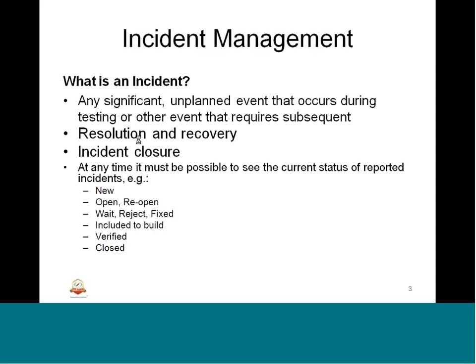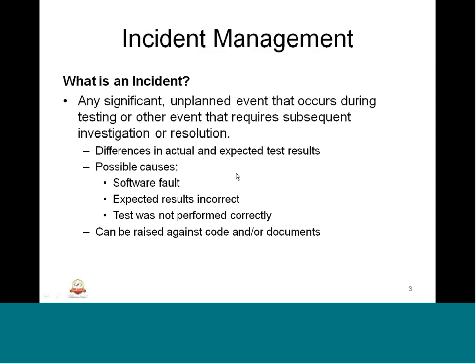Something like differences in actual and expected test result is nothing but an incident. That means it is a failure. Possible causes: software fault, expected results incorrect, test was not performed correctly. So the most dangerous part is the third one. This is a true incident basically.